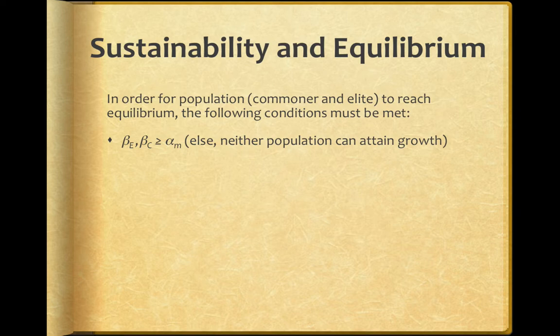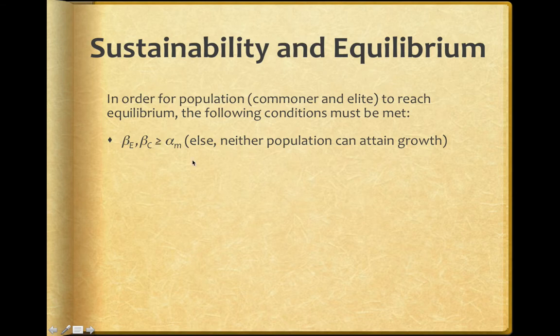Let's try to go through these more or less intuitively. First of all, the birth rates of the elites and the commoners need to be greater than the minimum death rate. Otherwise, neither population can attain growth. So this condition has to be met.